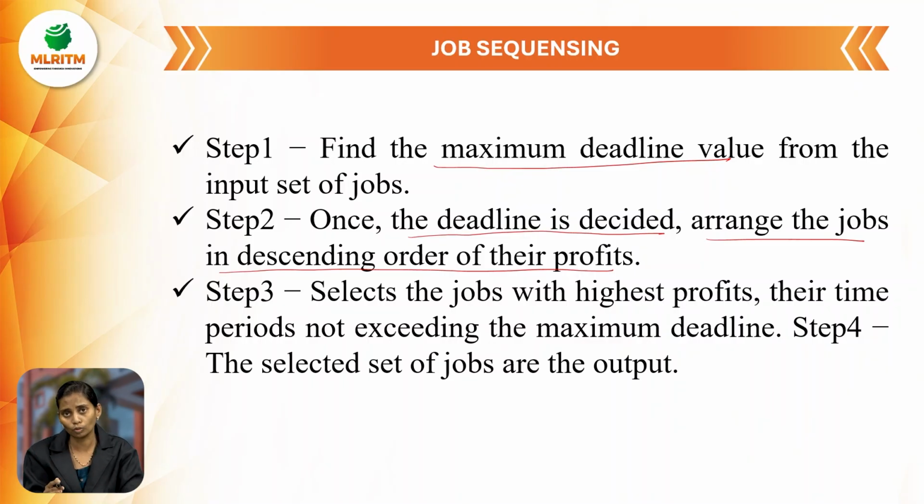In the same way here also, based on profit and weight, the job having the highest profit has to be chosen first. Afterwards we are supposed to choose the lowest profit. Then we are going to allocate some deadline, some time. Then after completing that job, we are going for the next job.